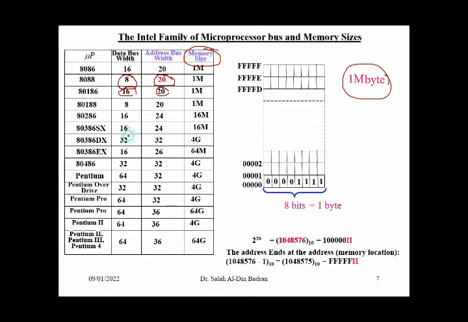And see, here we have larger data bus width, bigger. Here also, and here is the largest address bus. This is why we have here 64 gigabyte.